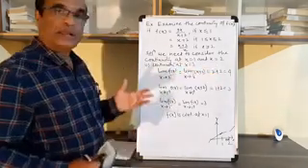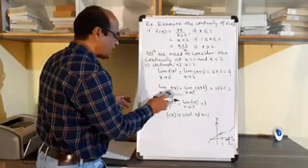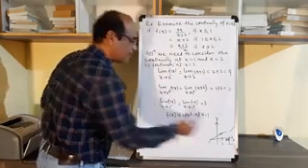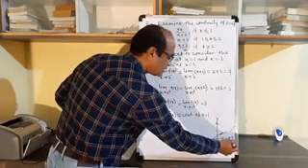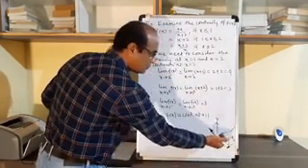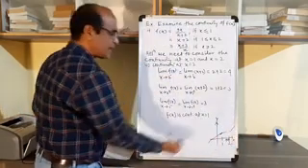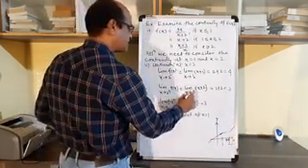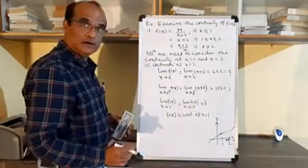Now we obtain the right hand limit, x tends to 2 plus. x approaches 2 from the right hand side, so this is the right hand limit.